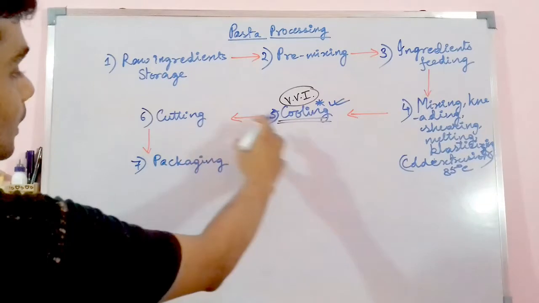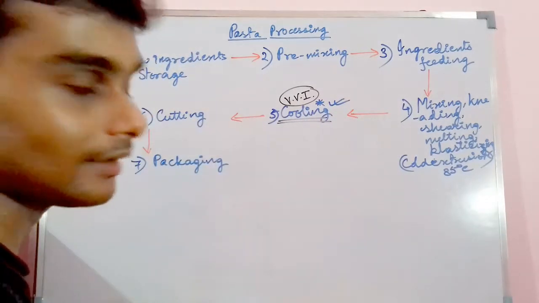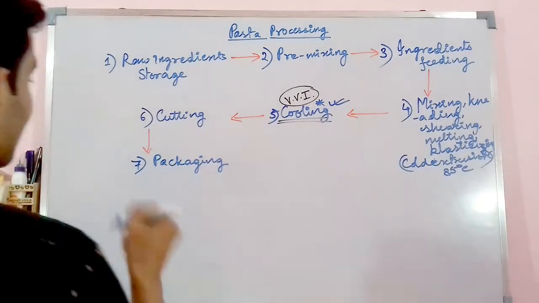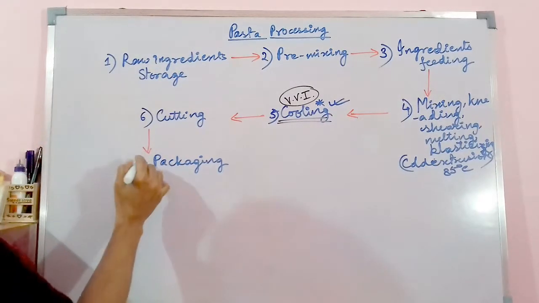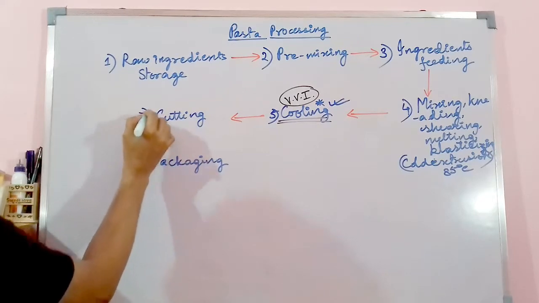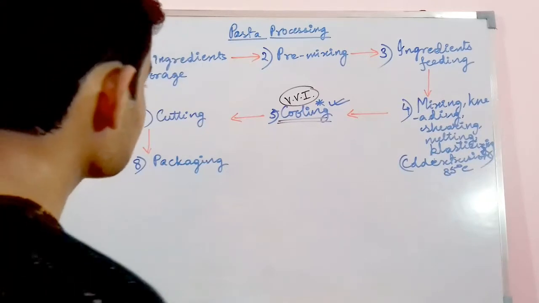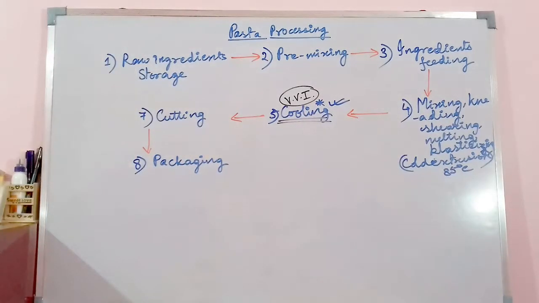Oh, okay, sorry. Here after cooling, there is another step, actually drying. I missed out that part. Packaging is actually the last step. It's the 8th step, and this one is the 7th step. That's a very important or crucial part I missed out here. That is, after cooling, the drying section is very much necessary to consider.